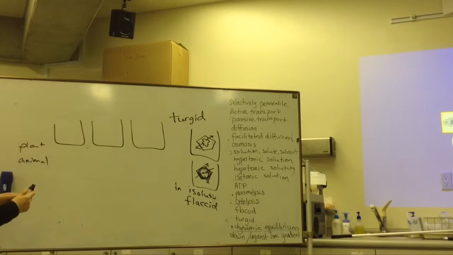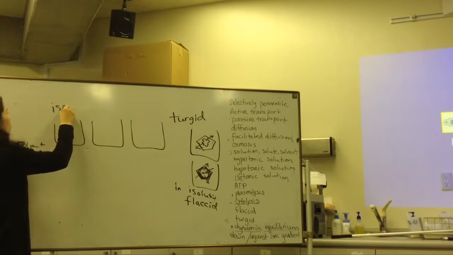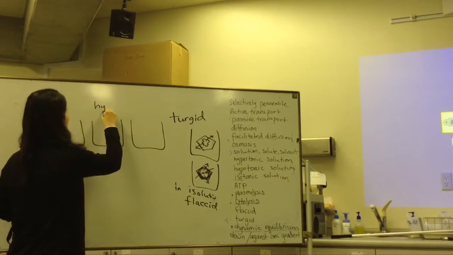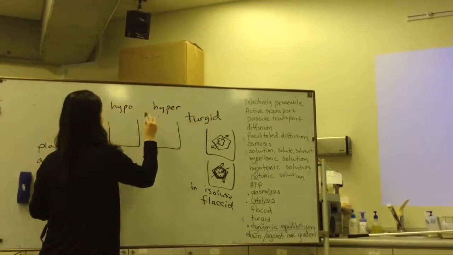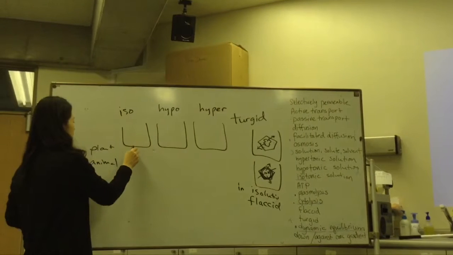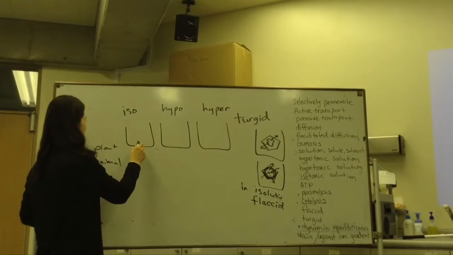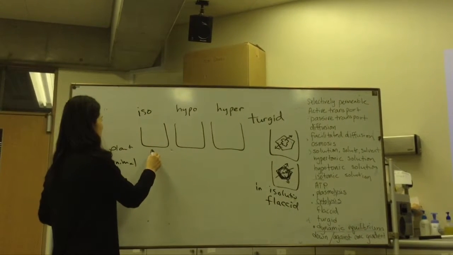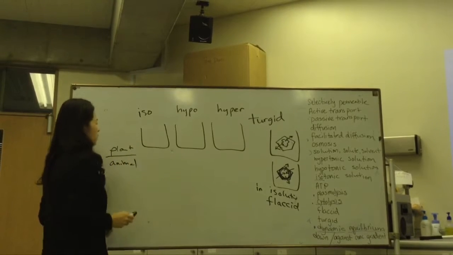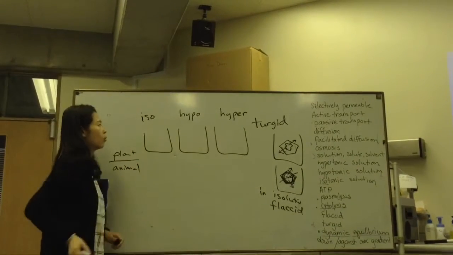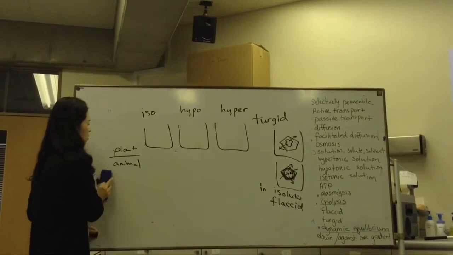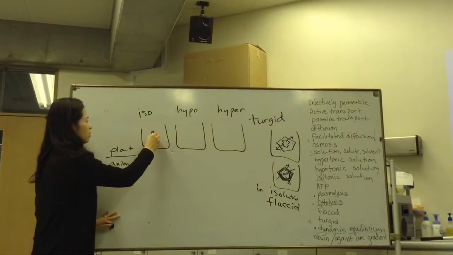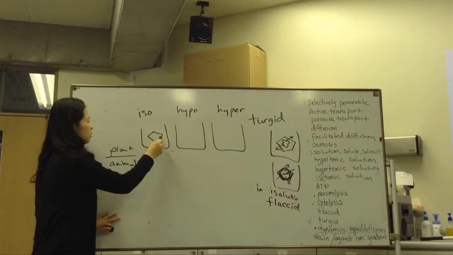Let's do this one more time, okay? Isotonic, hypotonic, hypertonic solution. For plant cell, what will happen to the cell?